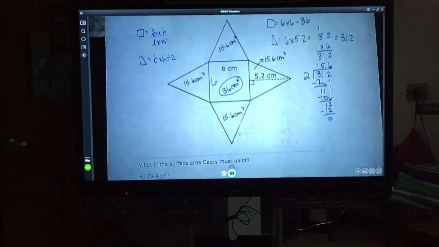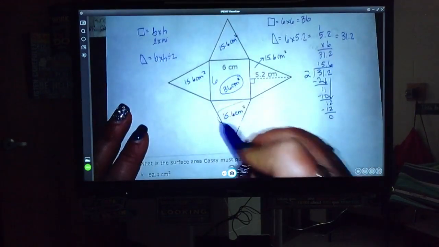Now what do I do? Because I found the area of all of my shapes, so now what do I do? Kaya, what do I do, sweetie? I found the area of all of these shapes.